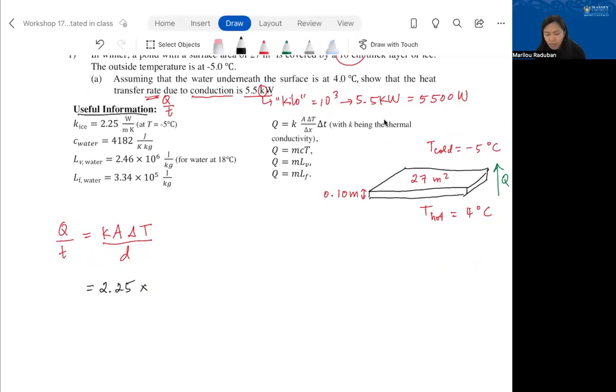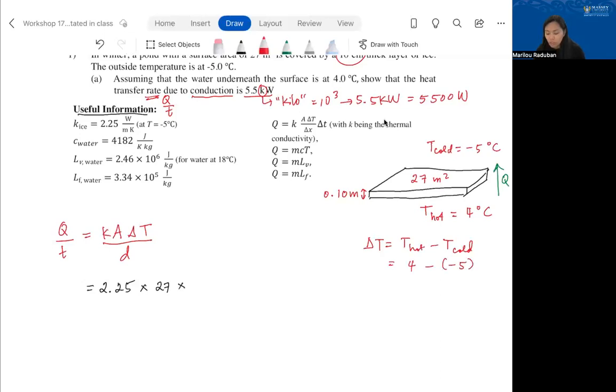It times the area, so it's over the whole 27 square meters of area that heat is being transferred by conduction, times the difference in temperature. So the difference in temperature is the hot minus the cold temperature. So you have 4 degrees minus -5.